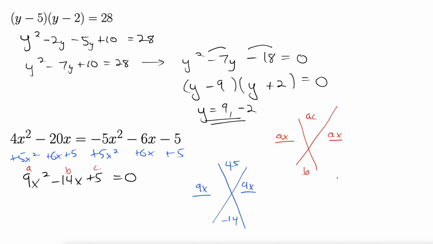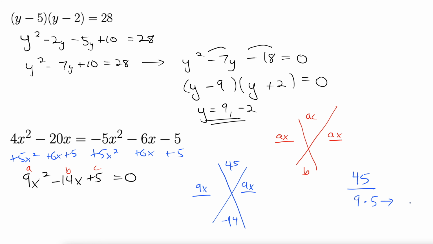Now we want to find factors of 45 that add to negative 14. Well, it's not 1 times 45, but how about 9 times 5? 9 times 5 equals 45, and 9 plus 5 equals 14.